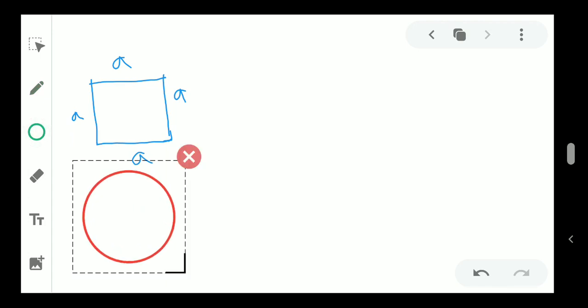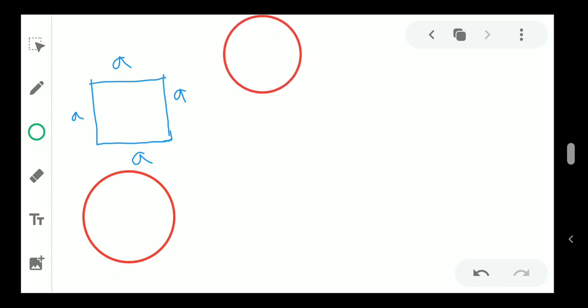Now comes the interesting part, that is area. If I draw some shapes like this, we know that this is a square having all sides the same. Does it look like a circle? Not really.